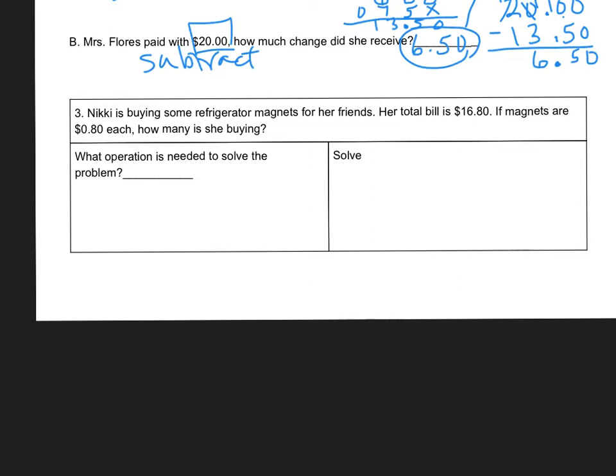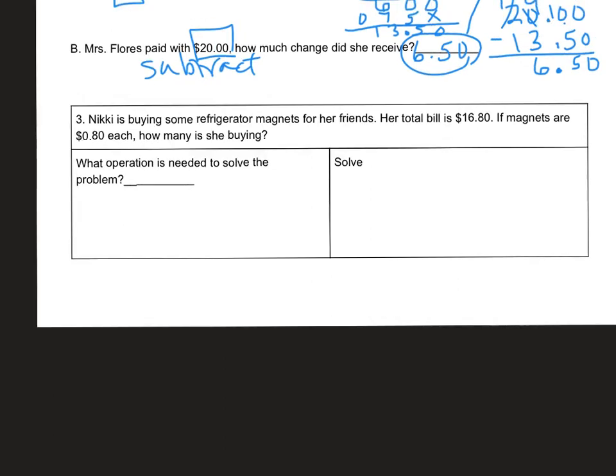So again, I've been given the total bill of $16.80. So if each magnet costs me 80 cents, I need to kind of work backwards here a little bit. I need to know 80 cents times how many magnets came out to 1680.